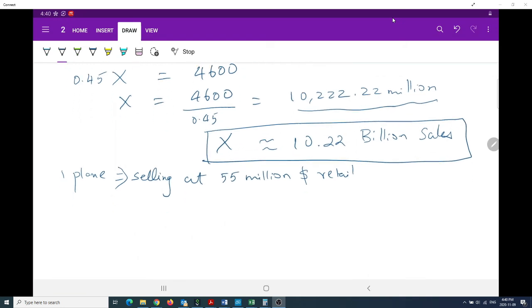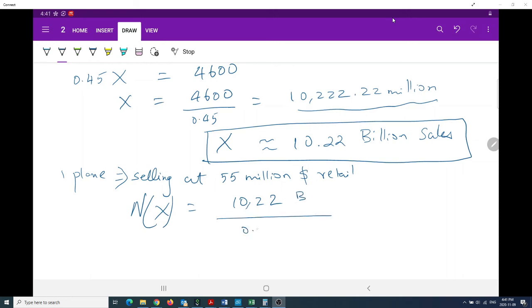Let's think of these as big planes. The number of planes you need to sell is $10.22 billion divided by $55 million.